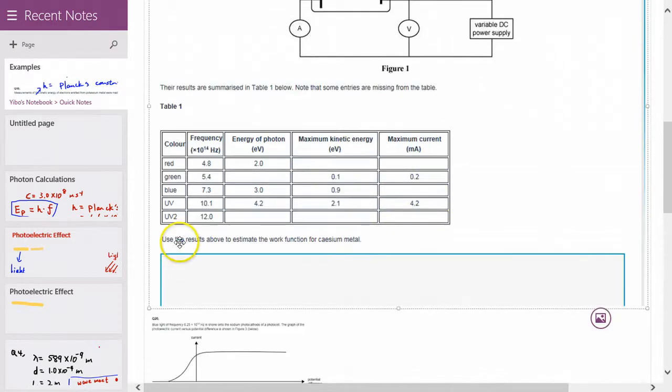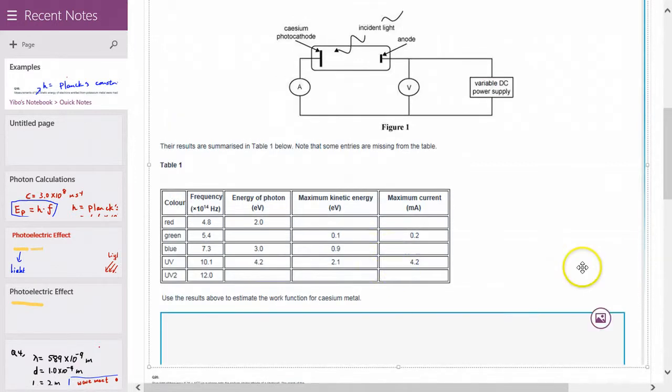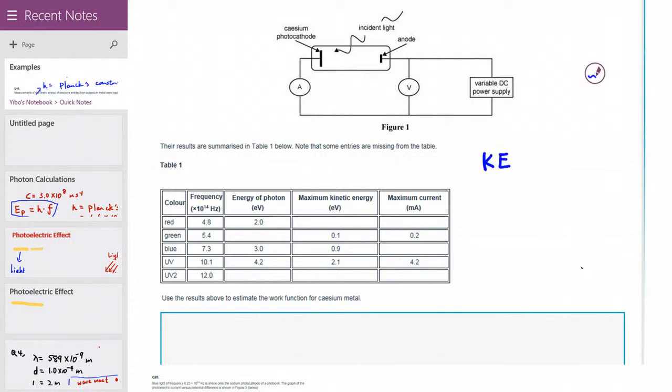Now we need to use the results to find the work function. Just remember your equation: the kinetic energy equals the energy of the photon, take away the work function.